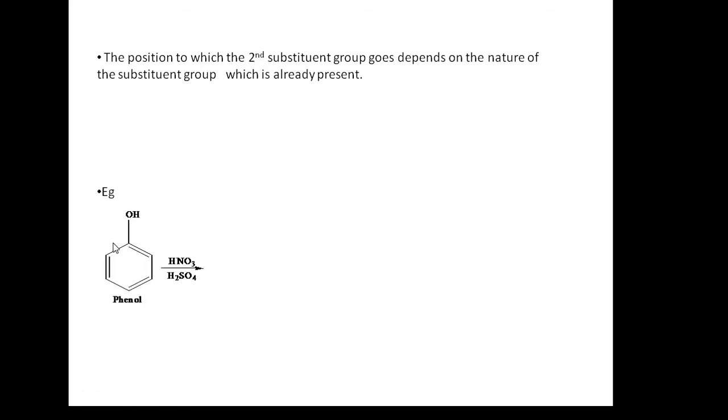Now if I consider phenol as an example, in which an OH group is present on the benzene, this is a mono-substituted benzene and it is nitrated with the help of the nitrating mixture, concentrated HNO3 and H2SO4. We get orthonitrophenol along with paranitrophenol.